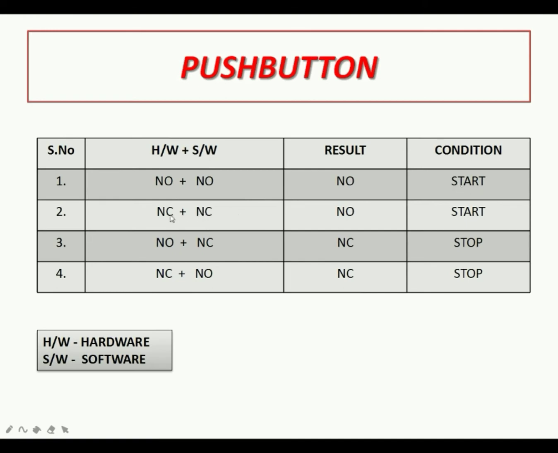When in hardware it is NC and software is also NC, NC plus NC is NO, so NO is used in start. NO plus NC gives NC, NC plus NO gives NC. So when we get a logic NC, that is used for stop, when we get a logic NO, that is used for start. Okay, so I will check the program and explain this.